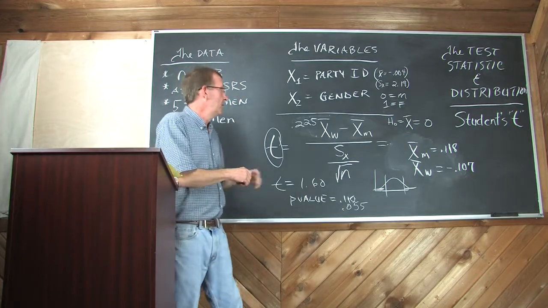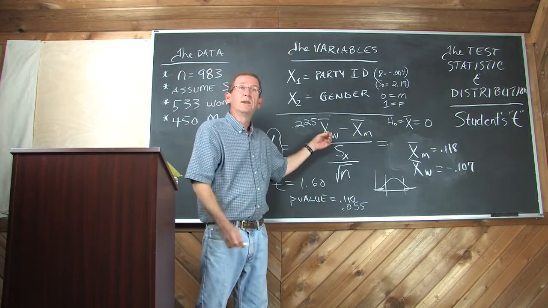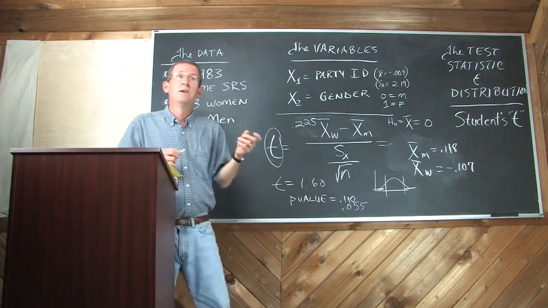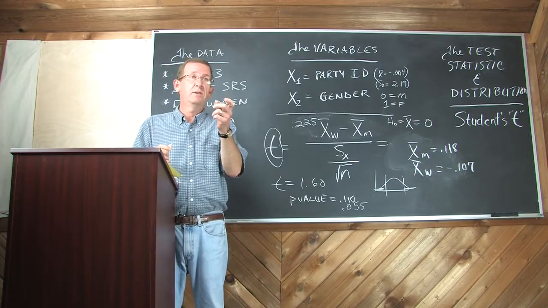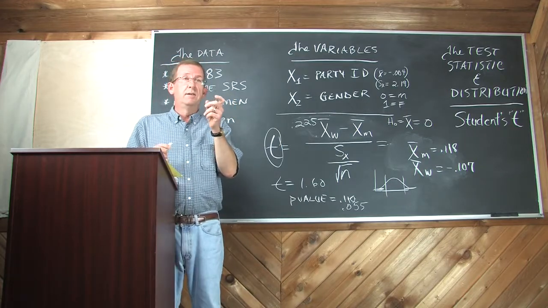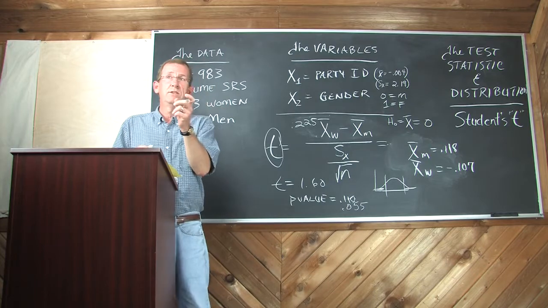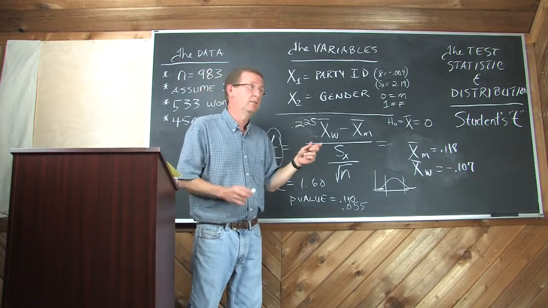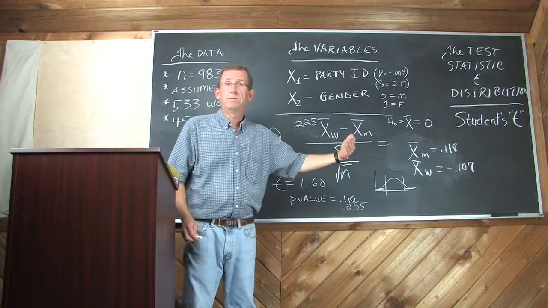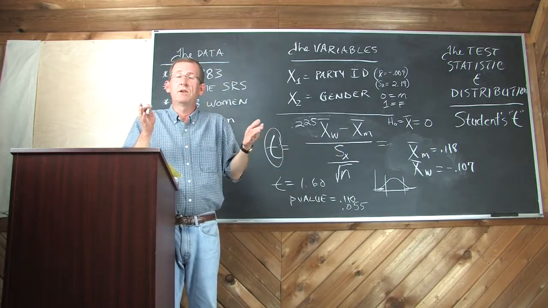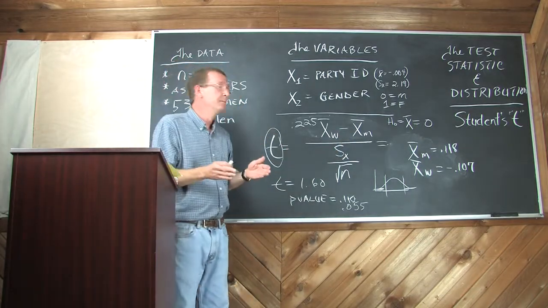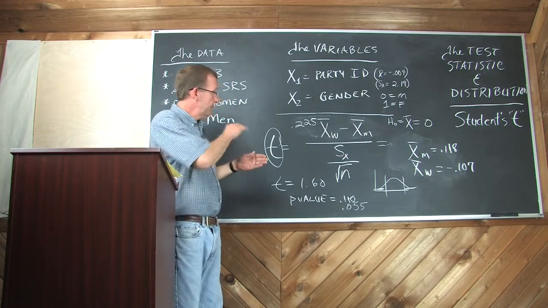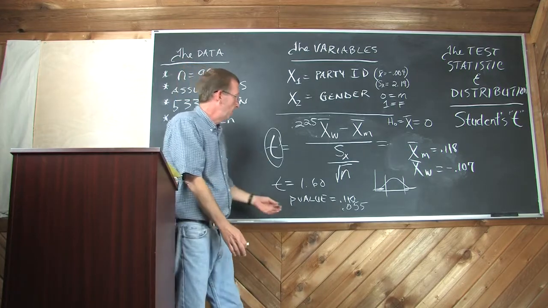So you don't just want to understand whether the difference is different from zero. You want to understand whether the difference is different from zero in a predictably directional way. In this case, you'd want to probably hypothesize that men are more Republican than women, and vice versa, and go with the one-tailed test.